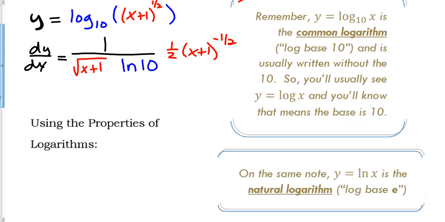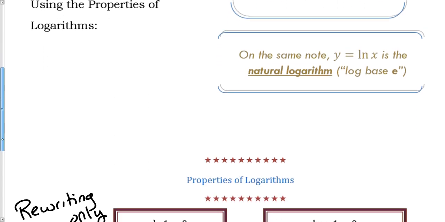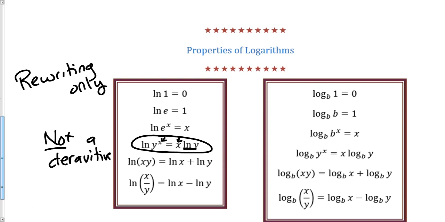Scrolling down, using our log properties. Again, these properties are for rewriting only. They are not for writing derivatives. But you need to memorize these.